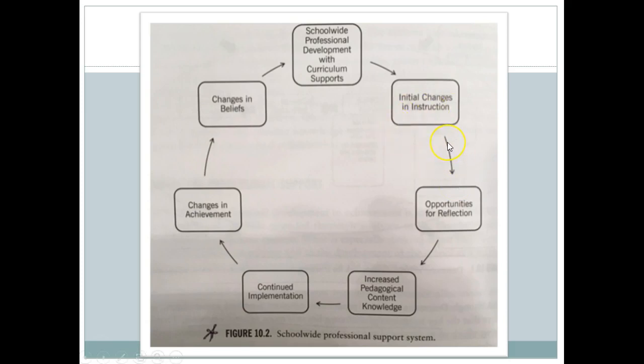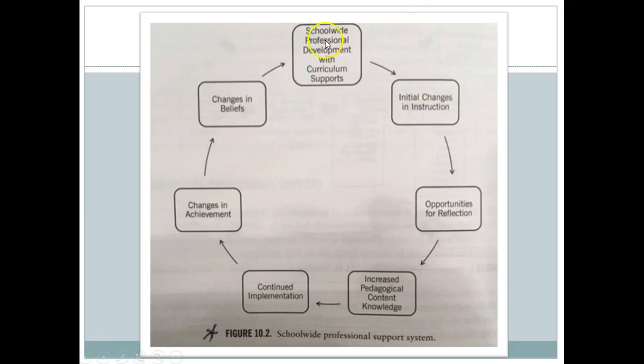So here would be a good time to do some one-on-one targeted observations and feedback cycles so that you can problem solve and collaborate with the teachers about how the implementation is going and how to make it more effective. And that's going to increase both the frequency with which they're applying what they're doing in the classroom, as well as the quality of the implementation.